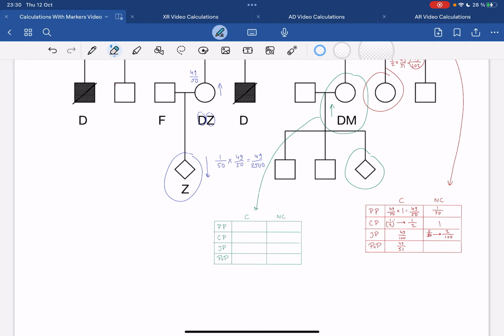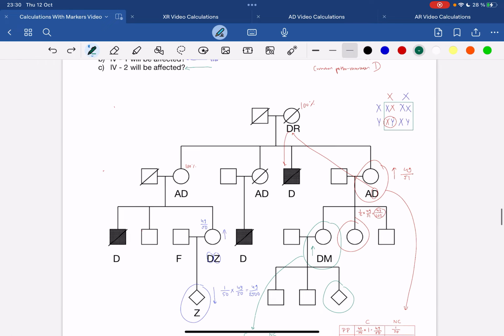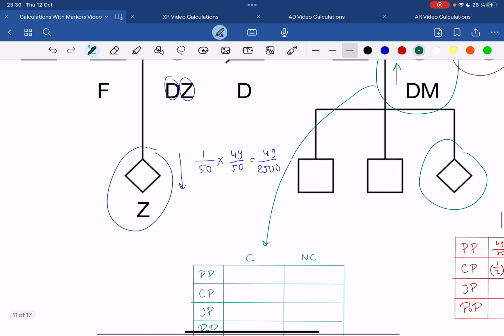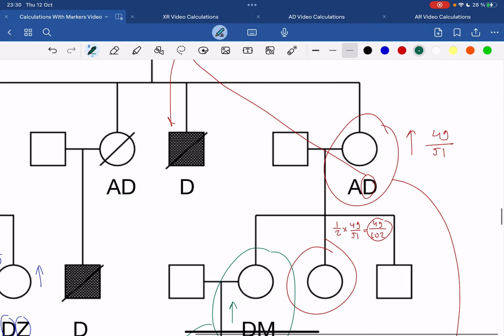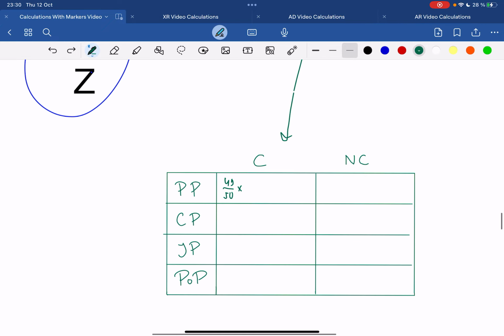So she has a high risk of being a carrier because she has gotten the dominant or the recessive X from her mom. So high risk is 49 over 50, times the risk that her mother is actually a carrier, which is also 49 over 50.